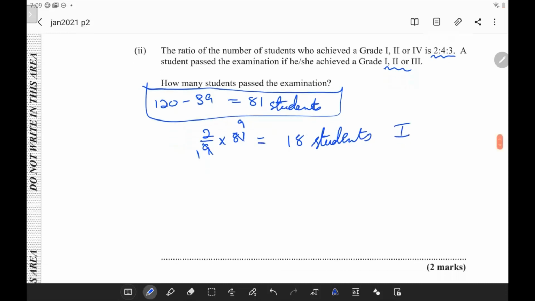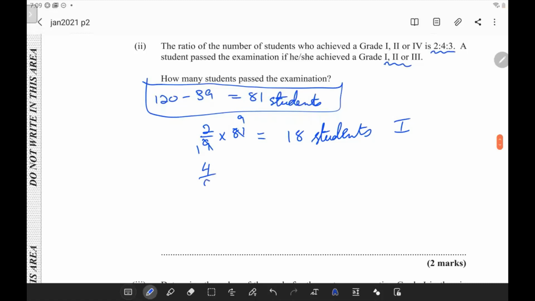How many people got grade 2? So that is 4 over 9 times 81. So we have twice this, which is 36 students, which means 36 students got grade 2s.